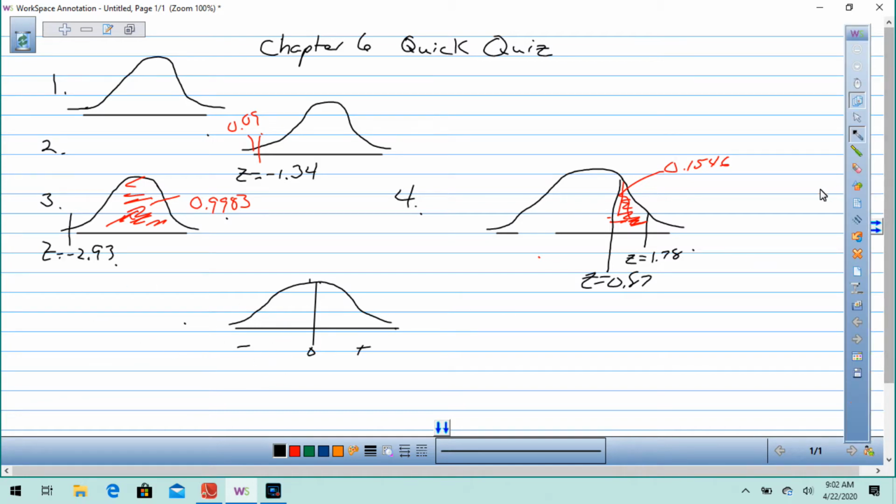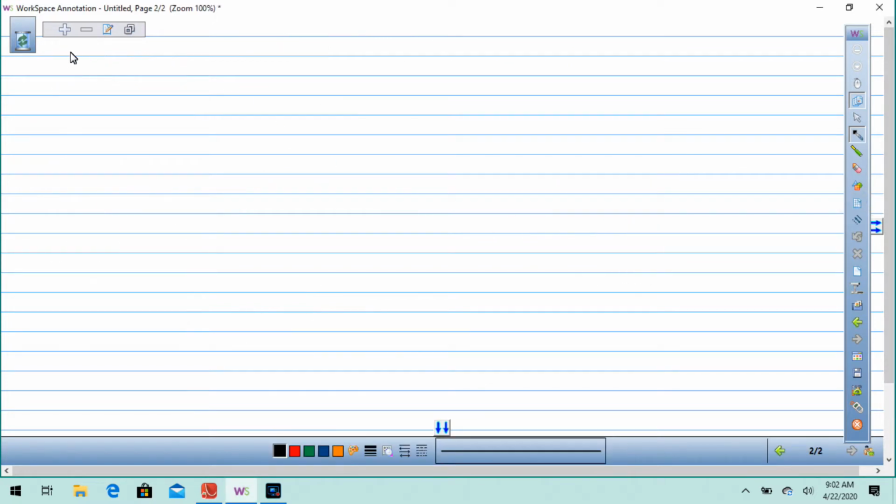Number 5, notation. Identify the values of mu and sigma for the standard normal distribution. Mu equals 0 and sigma equals 1.